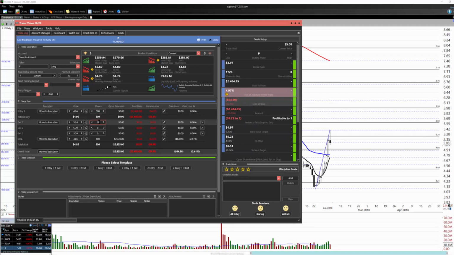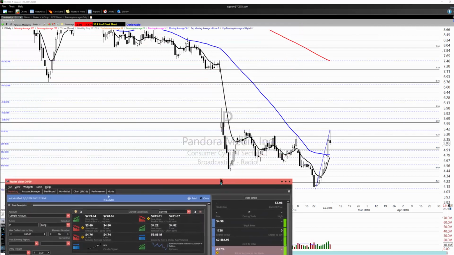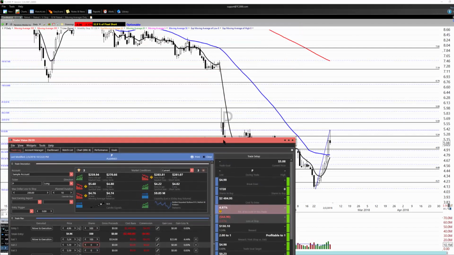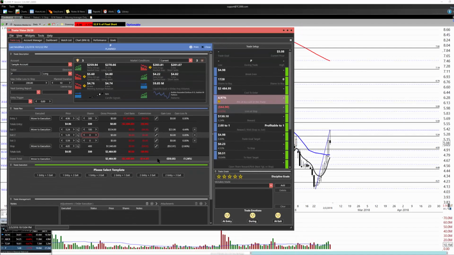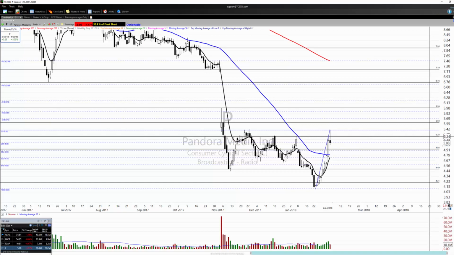What happens if we were to take 100 shares at 5.25? Well, that's only 22 bucks. There's no sense in even trading that if we think we're going to get resistance at this first resistance level. If we're going to get resistance here, it makes no sense to take this trade down here. There's just not enough upside to make that trade worthwhile.